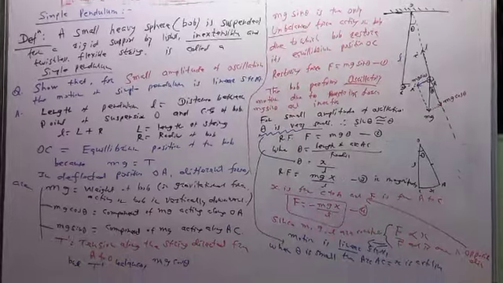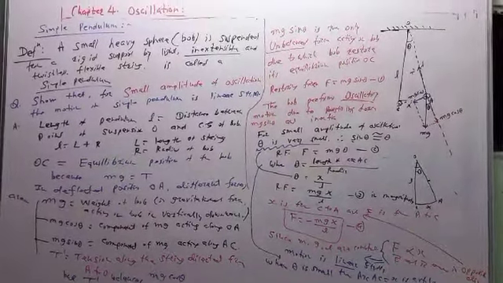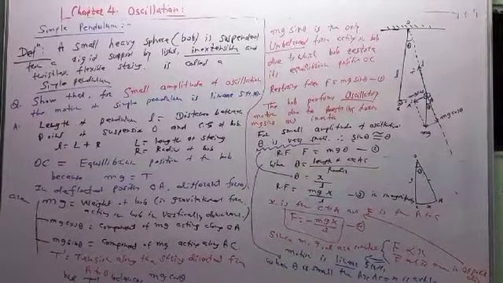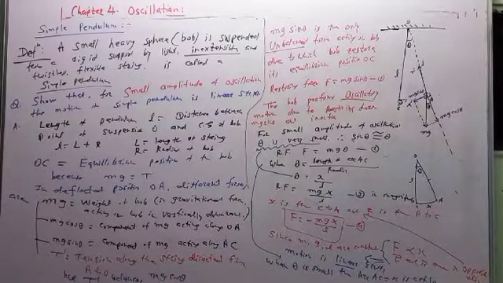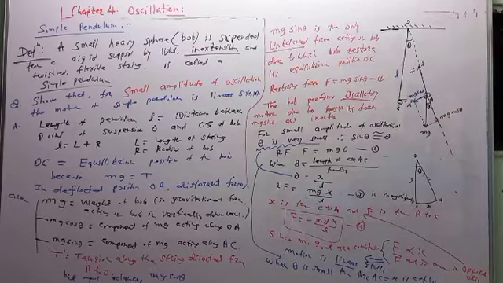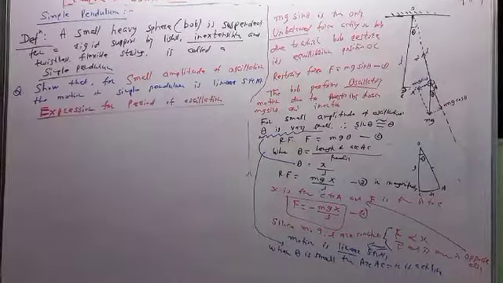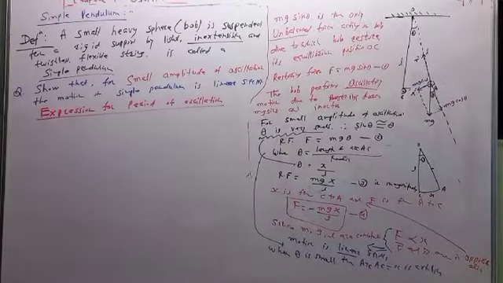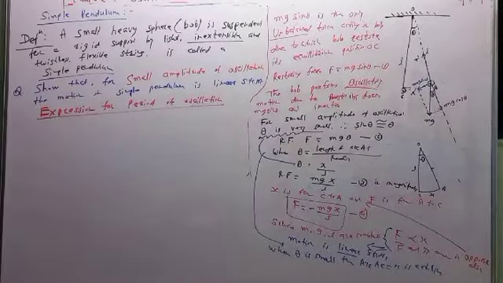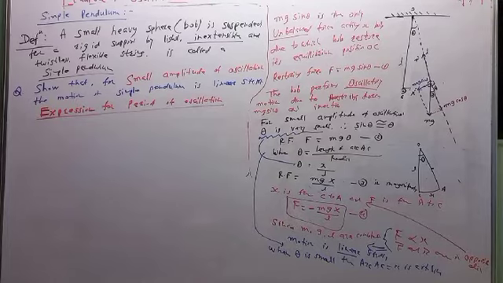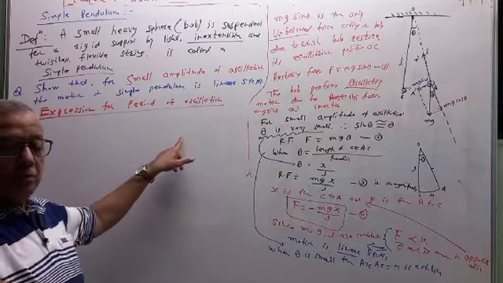Now we have to show that this motion is also periodic motion. SHM is also periodic, so we have to prove mathematically the relation for that. We have to show that the motion of the simple pendulum is periodic motion, so we have to derive the equation for the period of oscillation.